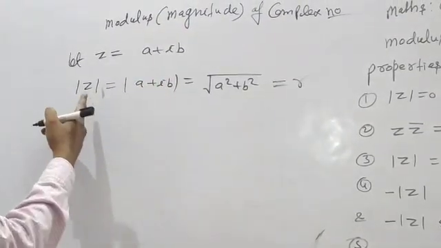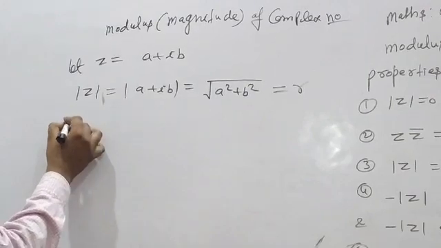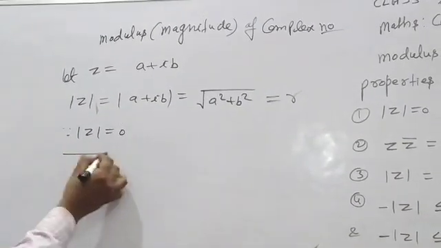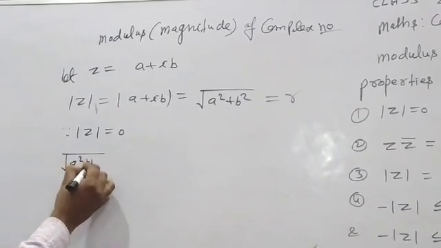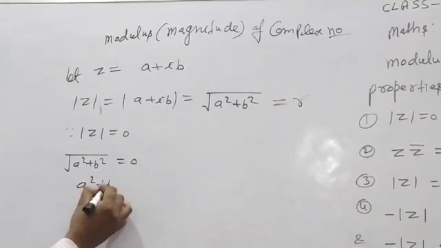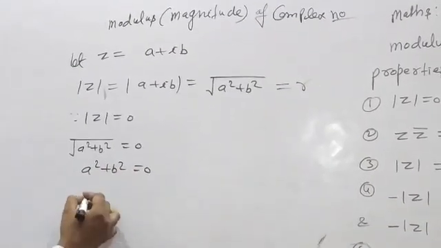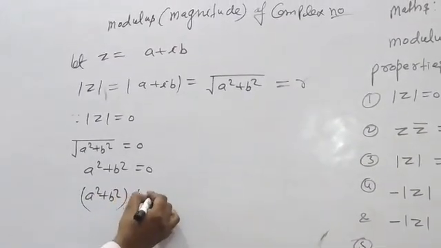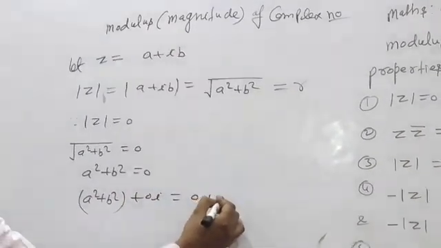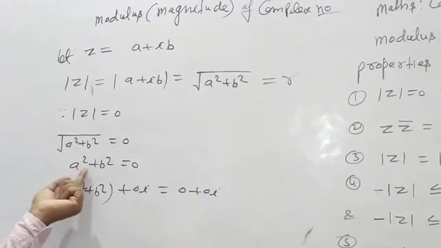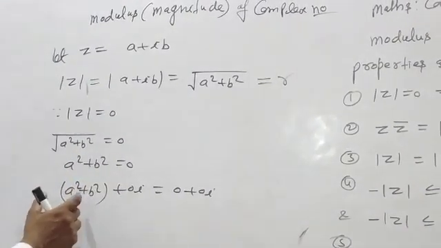Now mod of z is equal to 0. Since mod of z is equal to 0, what does it mean? Under root a square plus b square is equal to what? 0. Now a square plus b square is equal to 0. Now a square plus b square plus 0i is equal to what? 0 plus 0i. Clear? Now a square plus b square is 0 here.